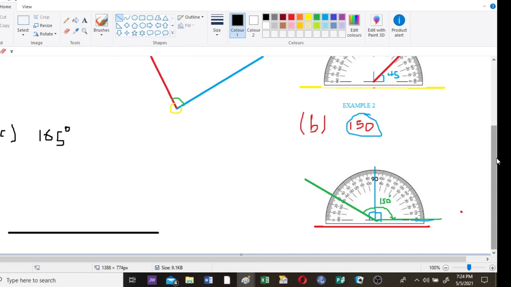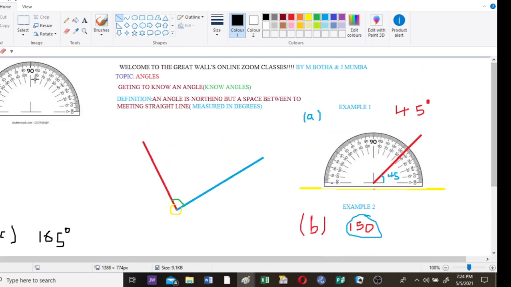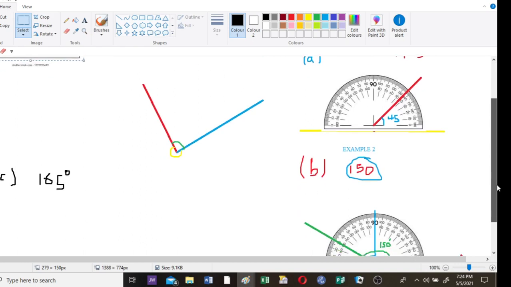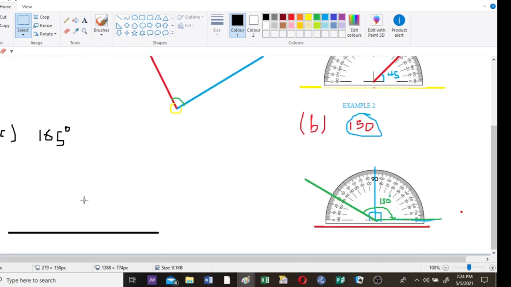So to measure that one, again you get your protractor. So this is our protractor. You have your protractor, like I mentioned, and then take that protractor and put it on your straight line.